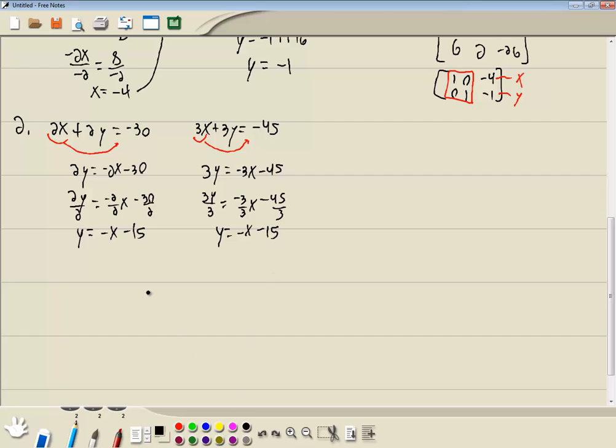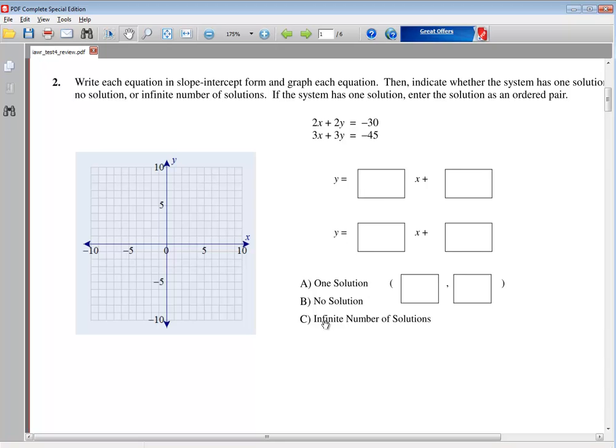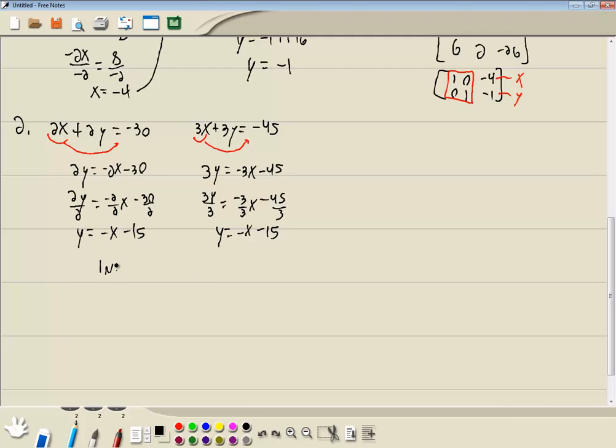Same line. Interesting. Since it's the same line, then we don't really need to graph it, because our solution is an infinite number of solutions. Intersects everywhere. So, infinite number of solutions.